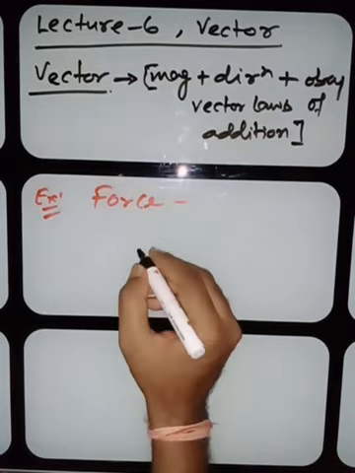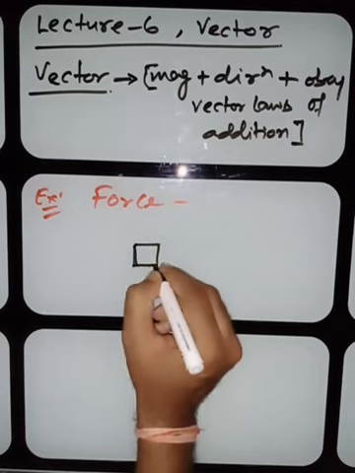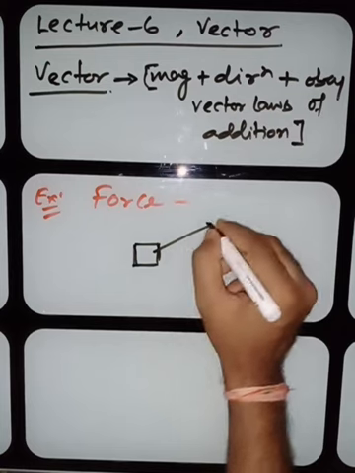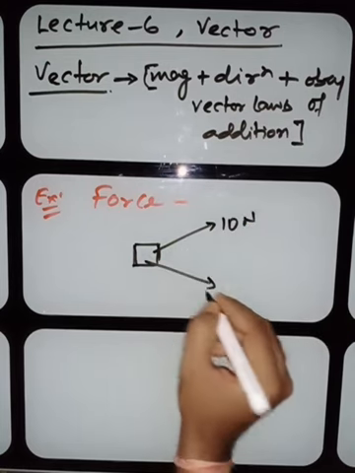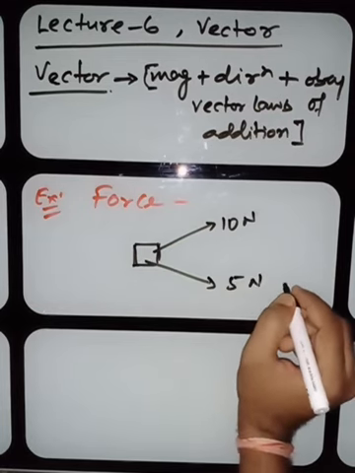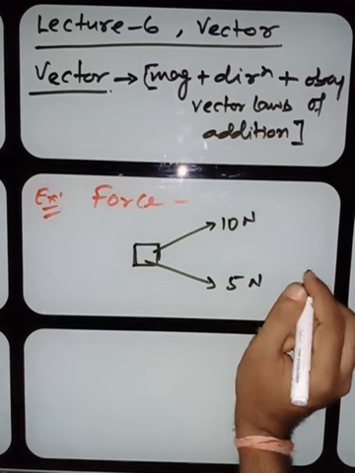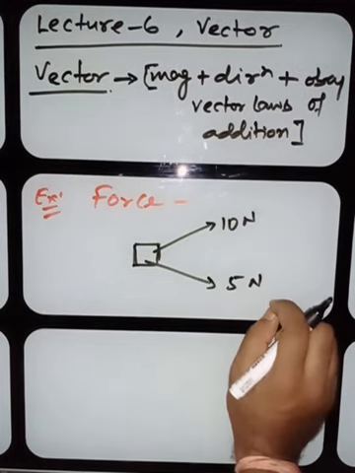Here, suppose, my dear student, you are having a brick. Alright, and you start pulling by 10 Newton in this direction and another one by 5 Newton in this direction. Now, could you show me in which direction this brick will start moving?